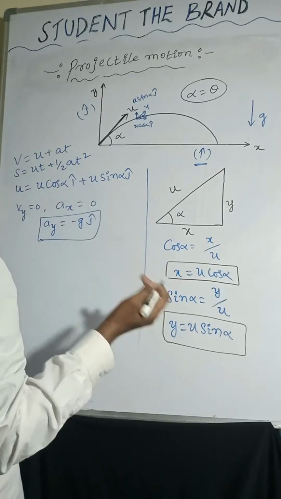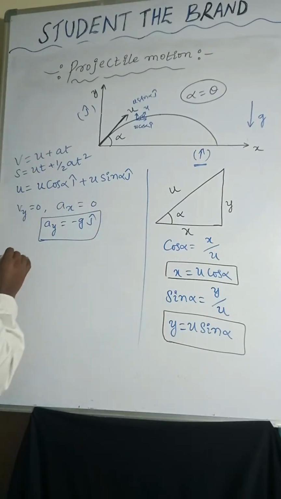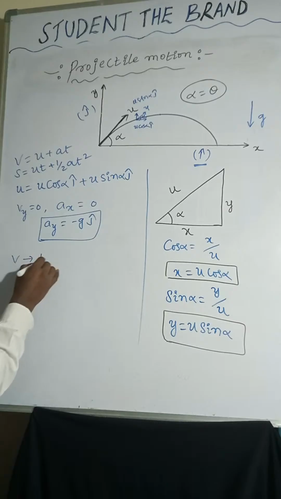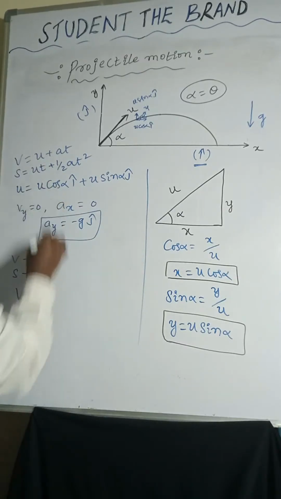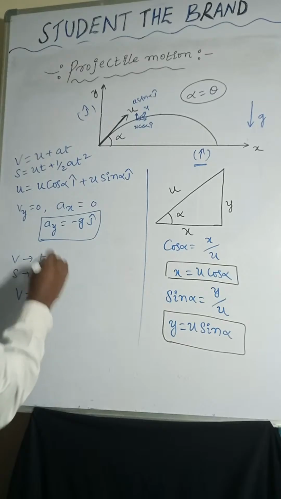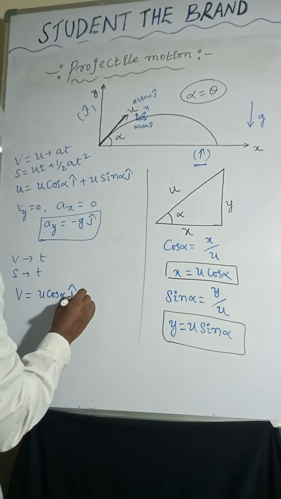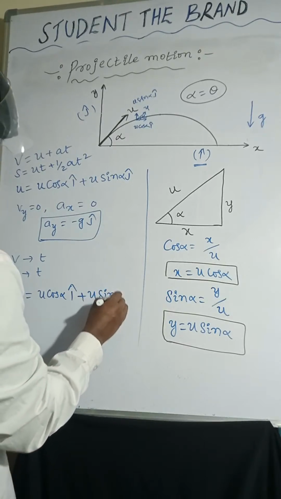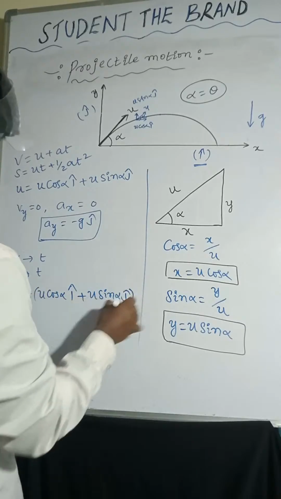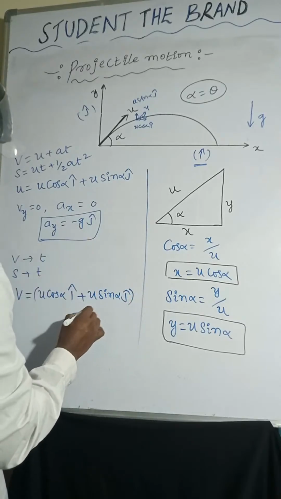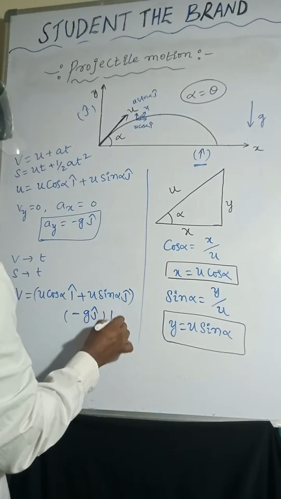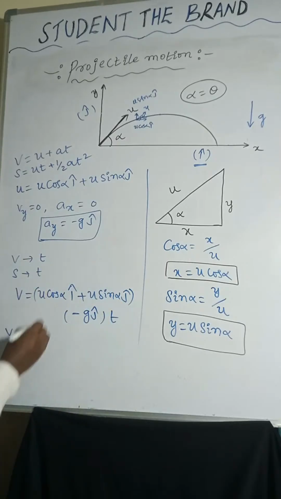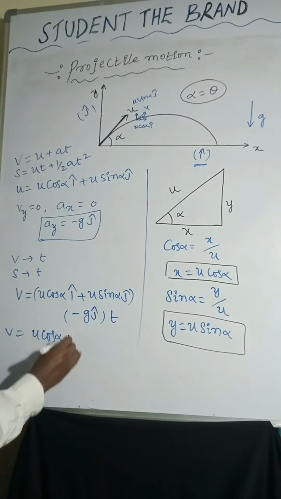So the final velocity at any time, and the displacement at any time if you're taking a certain time t. Then v equal to the initial velocity u cos alpha i cap plus u sin alpha j cap, plus minus g j cap into t.